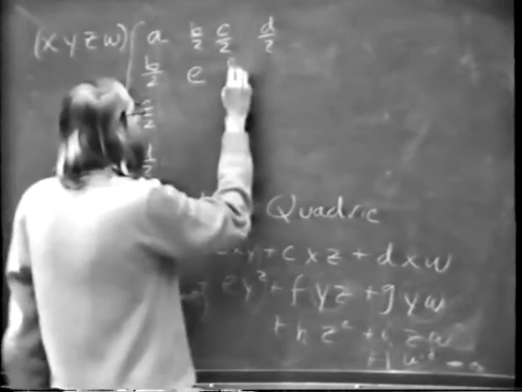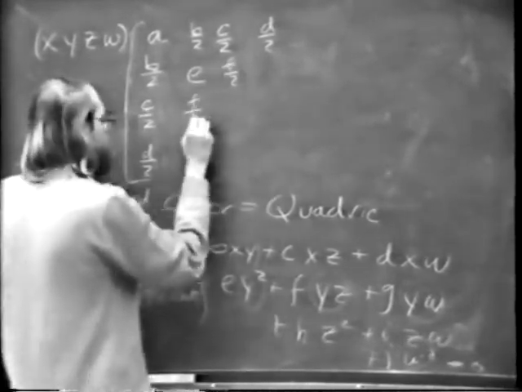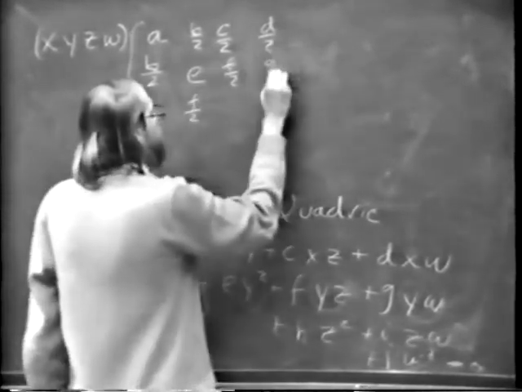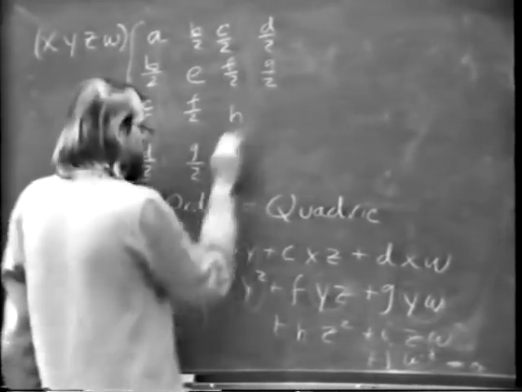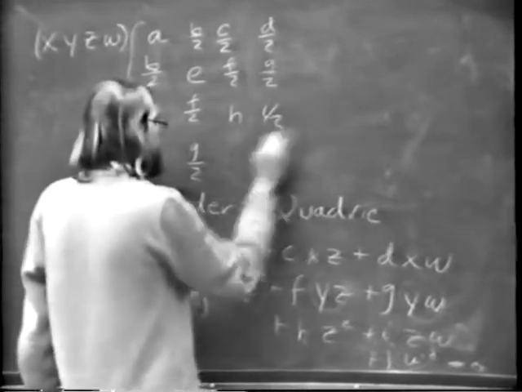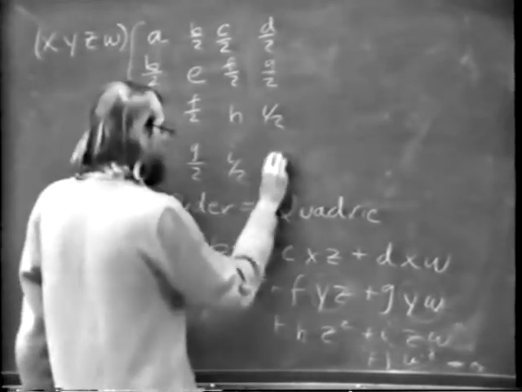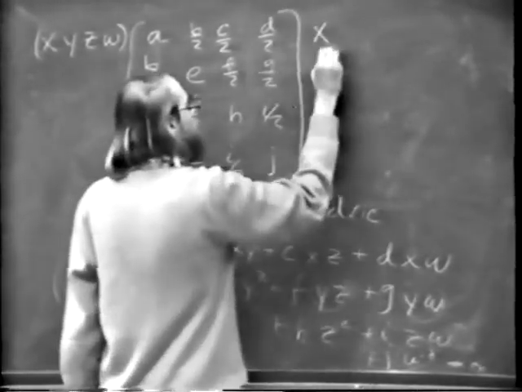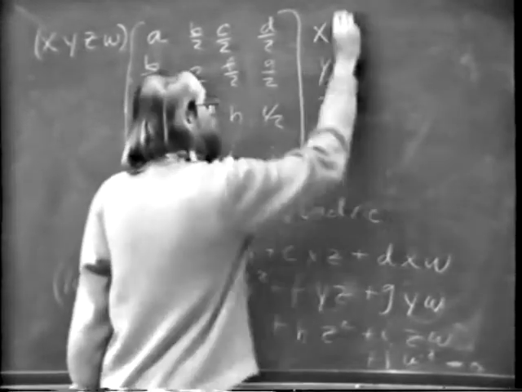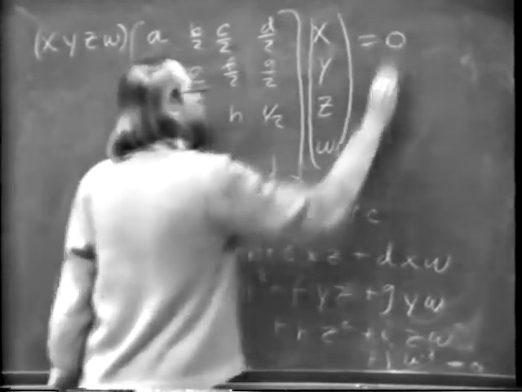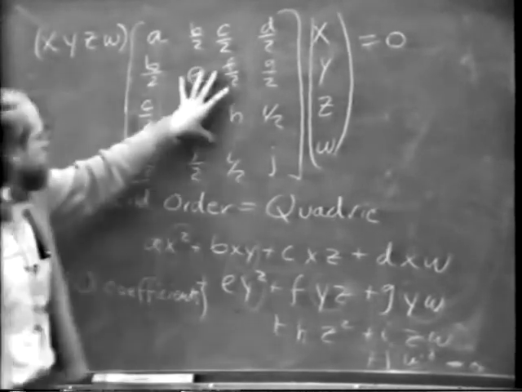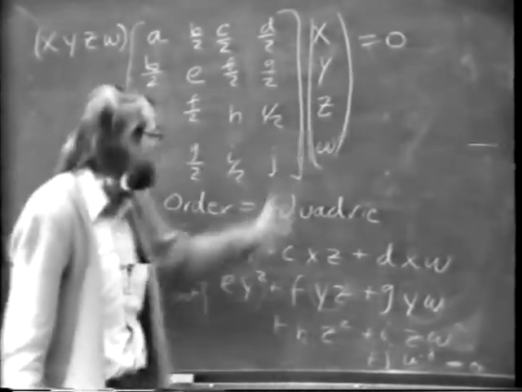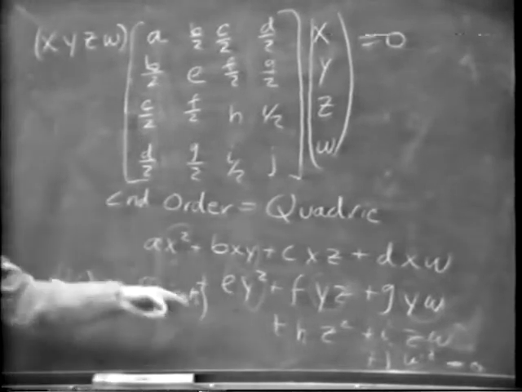E, F over 2, G over 2. Now, I maintain that this vector times this 4 by 4 matrix times this vector equals 0 is really the same equation as what I just wrote down here.